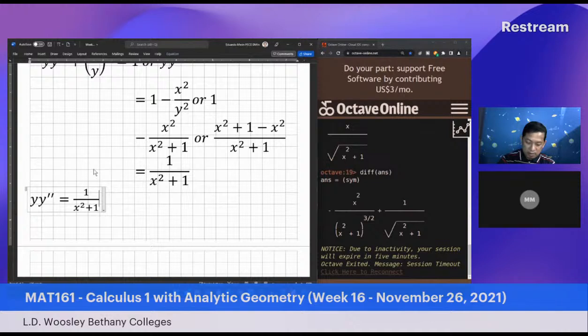Ayan. So, or, one all over y. What is y? What is y, Micaela? Square root of x squared plus 1. So, dyan natin papasok yung y over x squared plus 1.